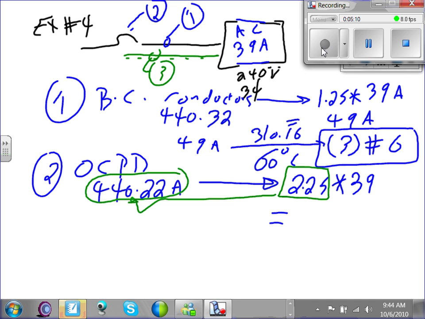If 175 does not work, meaning every time you size based on it and push the button to start the machine, the circuit breaker will trip, then you can go to 225% multiplied by the full load current. What would you get here? 87. How much? 87. Okay, 88? 88 or 89? 88, I'm sorry. 88 amps.